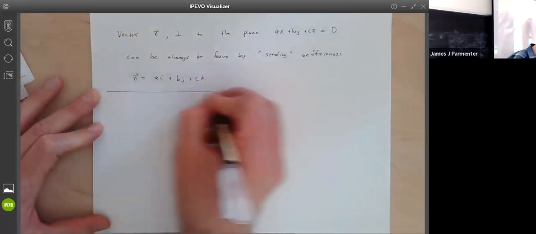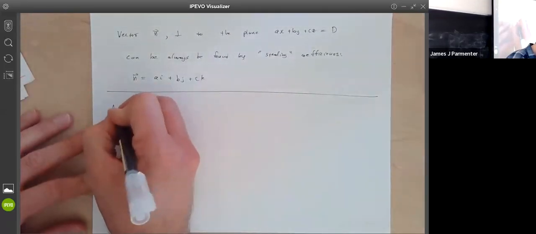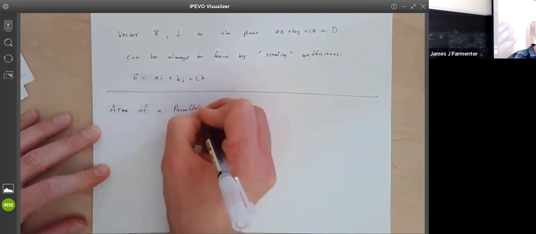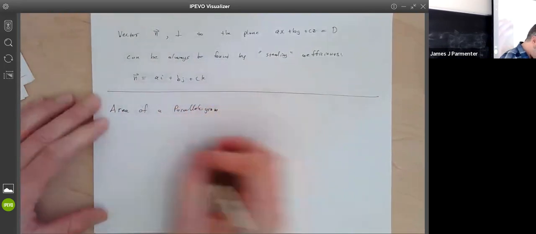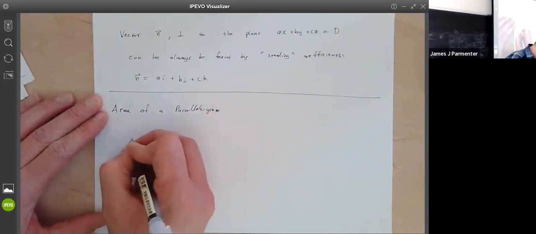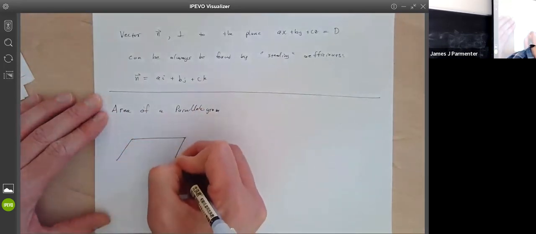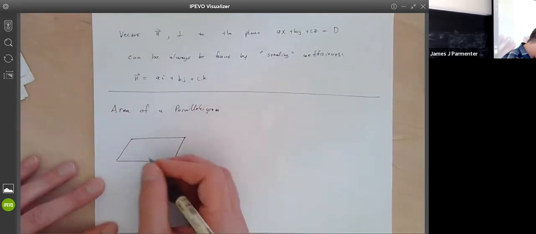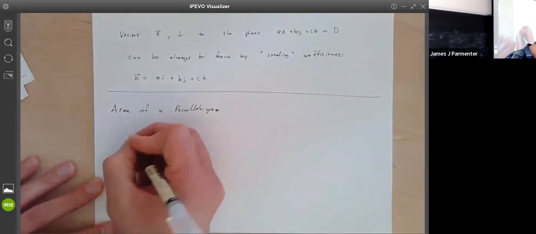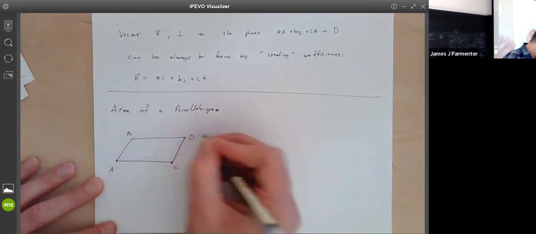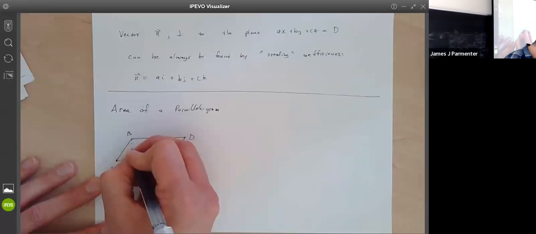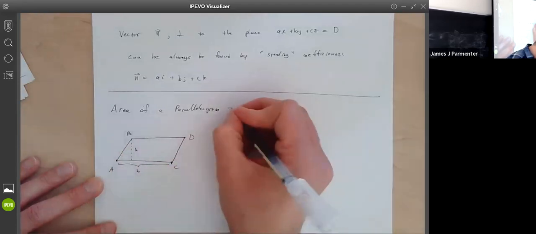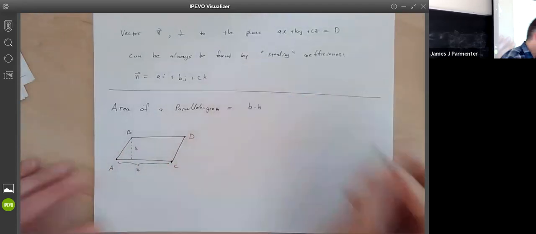Okay. Here's kind of a random formula. The area of a parallelogram. Well, we draw it out. Try and draw it so things are actually parallel. It doesn't look super parallel, but we can pretend it is. If I call this A, B, C, and D, the area of a parallelogram is just your base times your height.